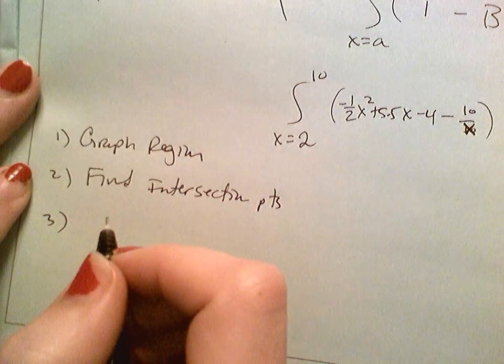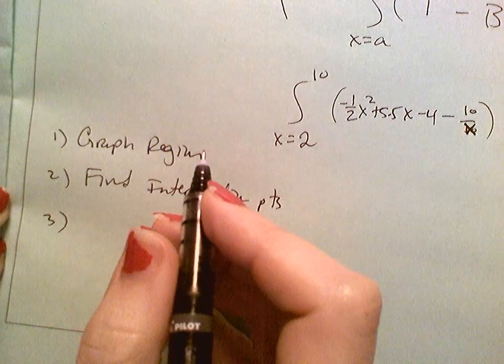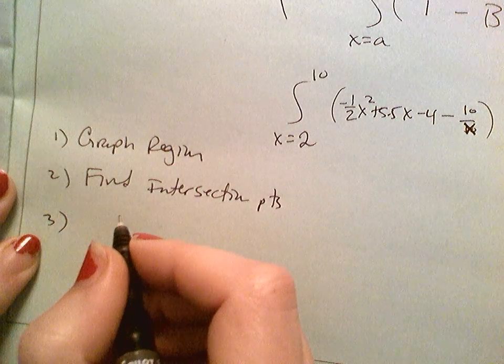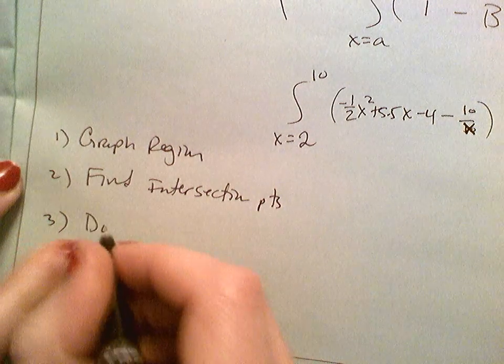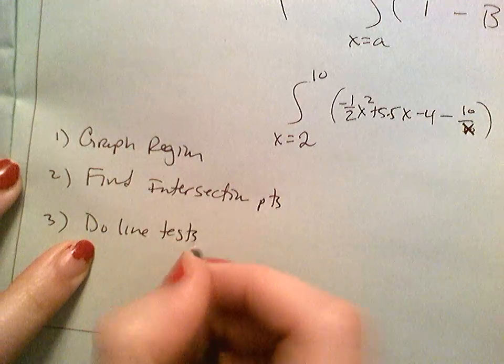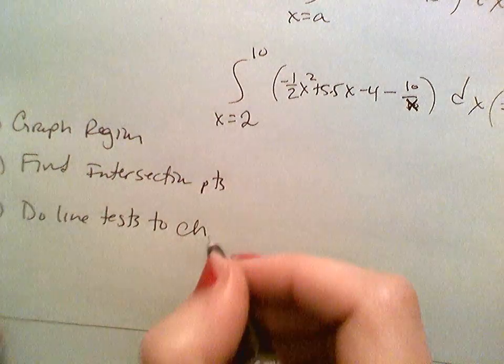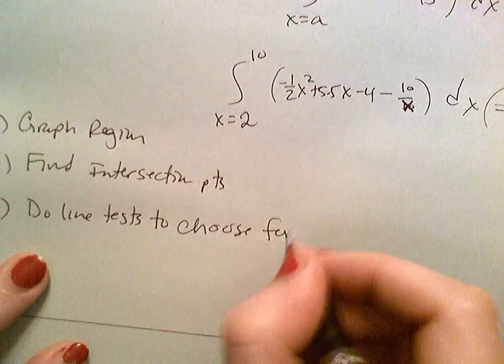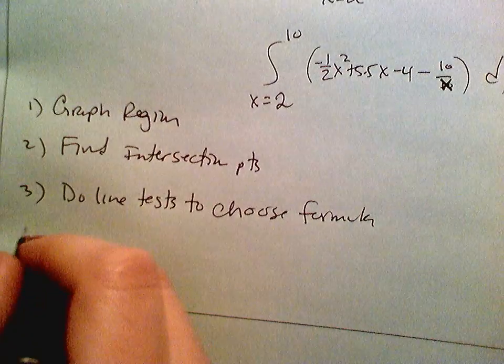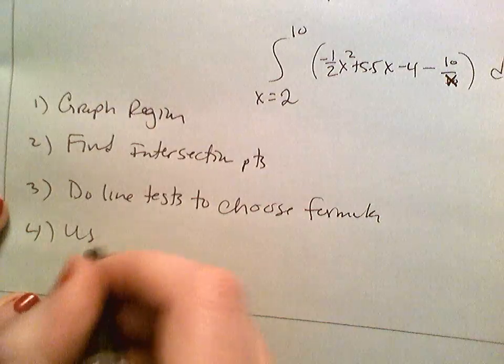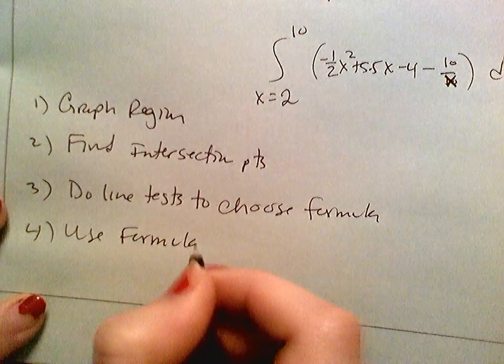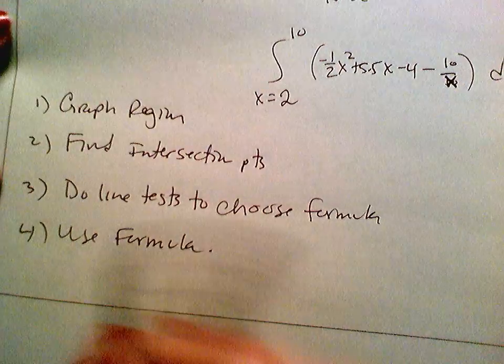Step 3, you do line tests to choose the formula. And then step 4, you use the formula. So pretty straightforward.